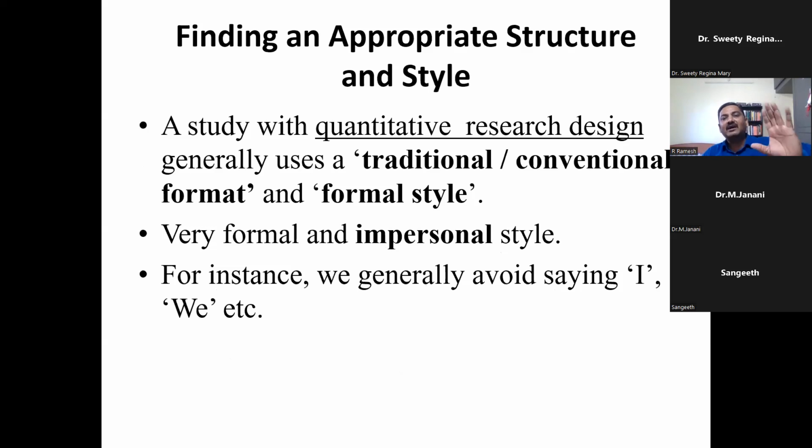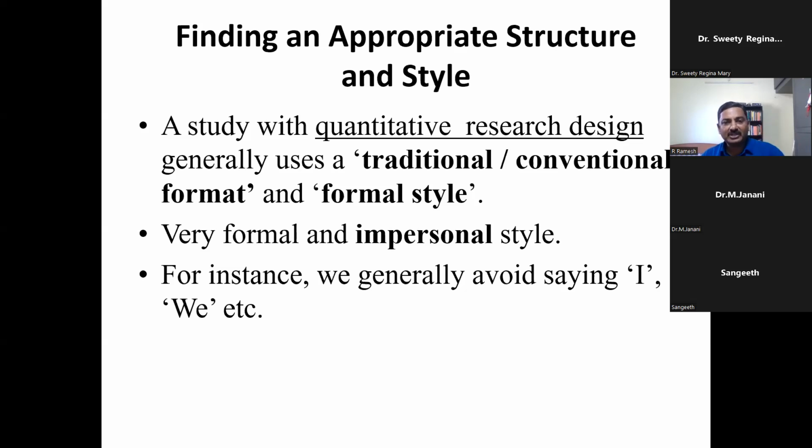So I mentioned finding an appropriate structure or style is important. Mostly in quantitative research design, we generally use traditional conventional formatting, a formal style, because in qualitative research we are allowed to use any structuring we want. Many qualitative researchers use their own structuring. You cannot give them a boundary that your introduction must be there, your methodology must be there.